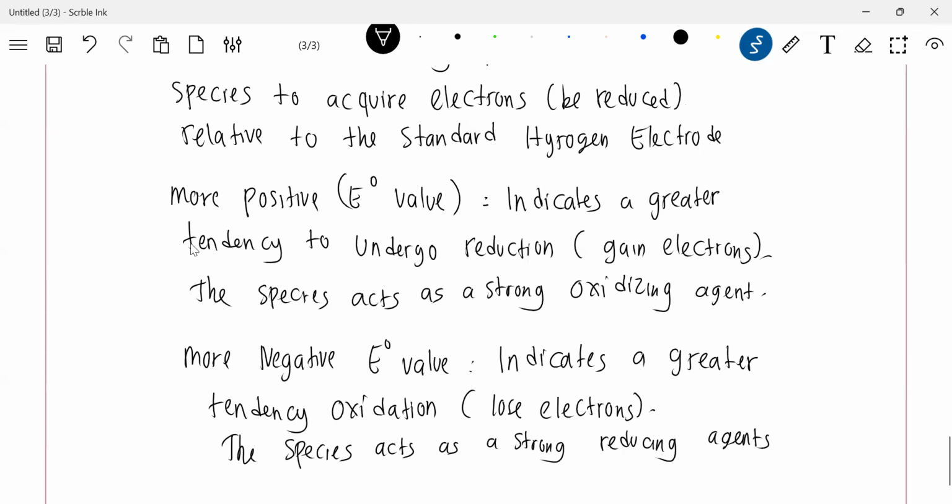So if it is negative, it loses electrons, but if it is positive, it gains electrons. This is the oxidizing agent. This is the basic concept. Okay, next. This is the theory first.